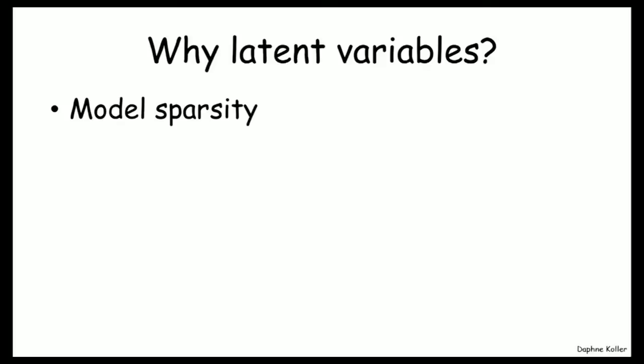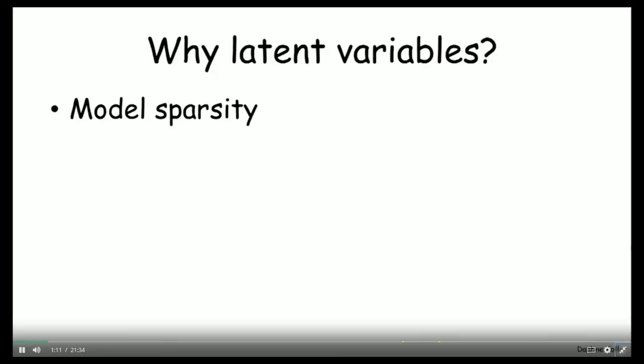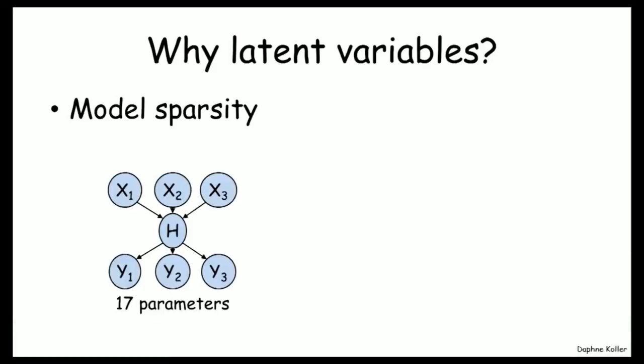One reason is that latent variables can often give rise to sparser and therefore easier to learn models. So let's imagine that this is my true network, G star, where we have three variables leading into this variable H, and then three variables at the bottom.